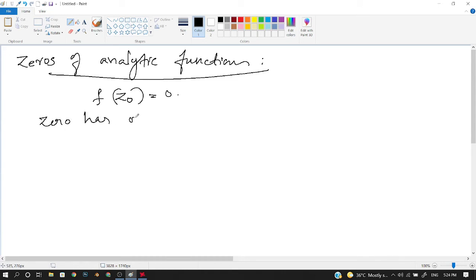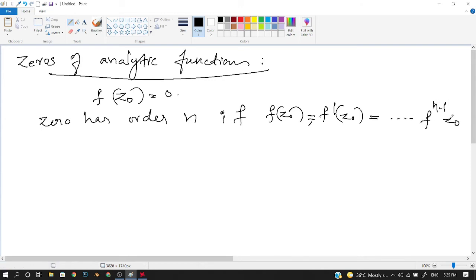A zero has order n if f of z naught, f dash z naught, etc., f to the n minus 1 of z naught are all equal to 0, but f n of z naught is not equal to 0.